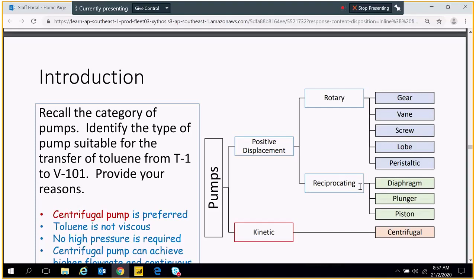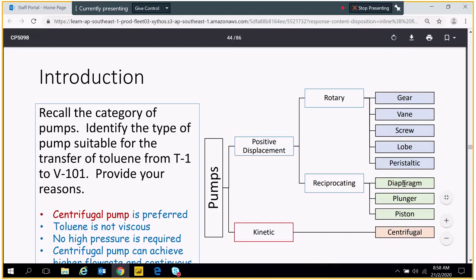You want to separate the food from the metal part of the pump. You don't want the metal to go into the food. Then use a diaphragm pump, because a diaphragm will prevent the food from being contaminated by the metallic part of the pump. If you want high pressure, you can use a plunger and a piston.